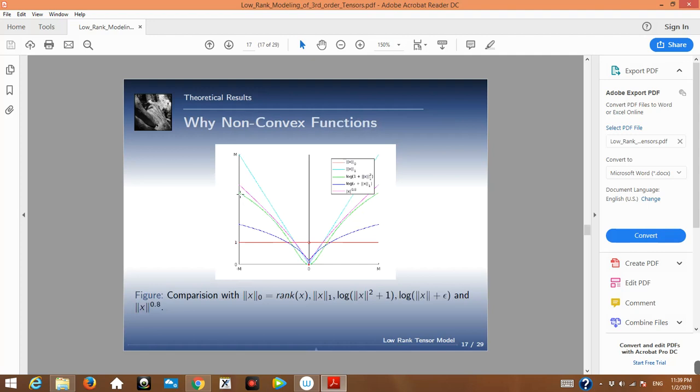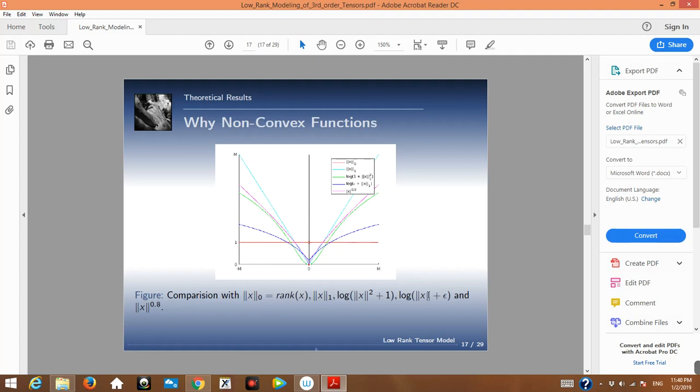Take the baby example of a scalar x. We know that if x is a nonzero scalar, the rank is 1. No matter how big x is, the rank is 1. If we use the nuclear norm, then this is a linear function. So when x becomes very big, the nuclear norm also becomes very big, but the rank remains 1. That means there is a big gap between the nuclear norm and the rank.